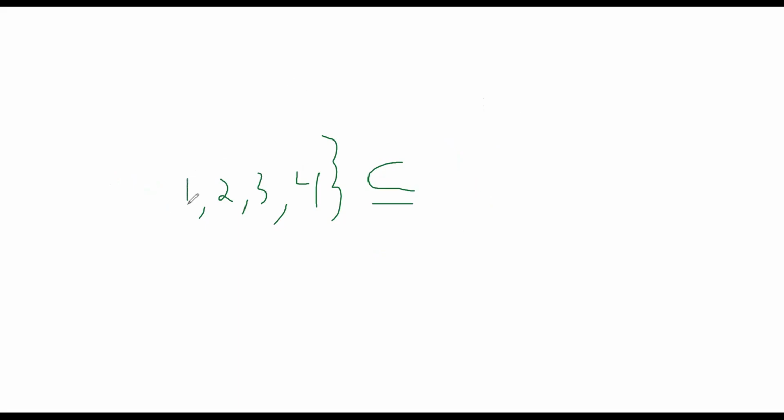What's interesting then is, from what I was saying earlier, every set is automatically a subset of itself. Look, I've recreated the same set, and every element here can also be found here. 2 can also be found here, 3 can also be found here, 4 can also be found here. So that's why it's kind of like the less than or equal to sign, but not exactly.